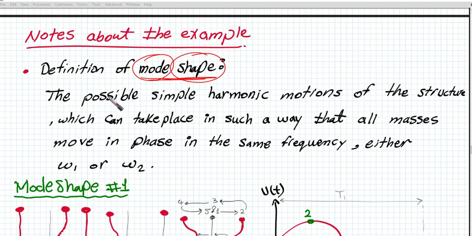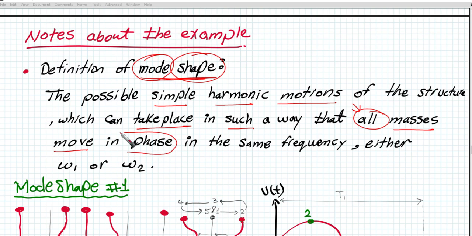The mode shape can be defined as the possible simple harmonic motions of the structure which can take place in such a way that all masses, take care of this word, all masses move in phase, in the same frequency, either omega 1 or omega 2.